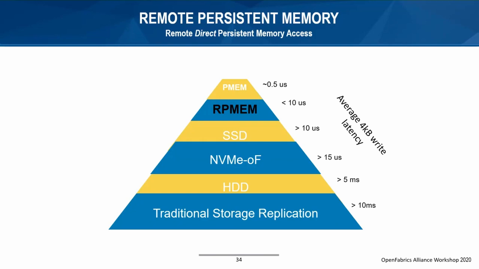In case of RPMEM, there are no buffers in the replication pipeline. So any application can put data directly into remote persistent memory with the help of this RDMA technology. So access to remote persistent memory is handled in the same way as it is done with standard memory.